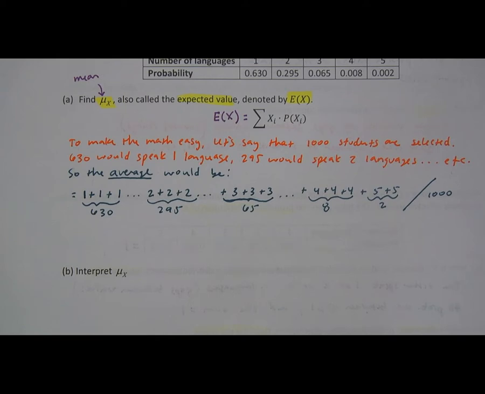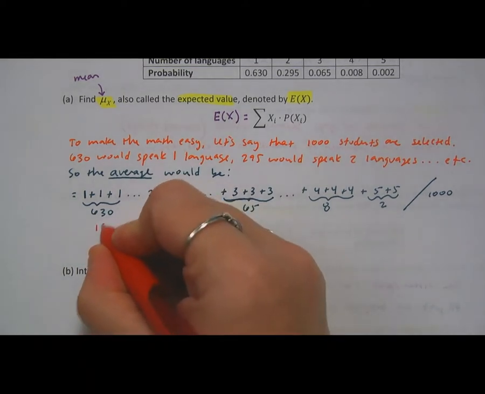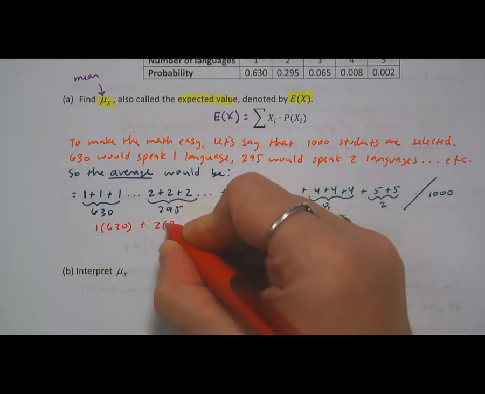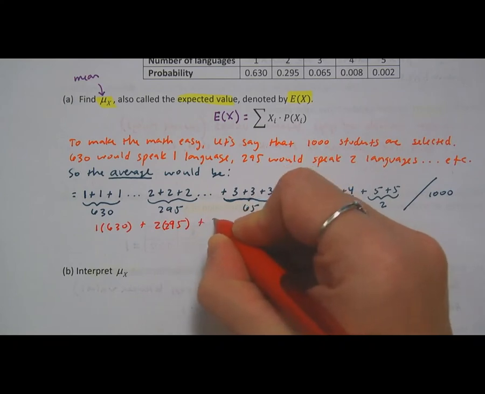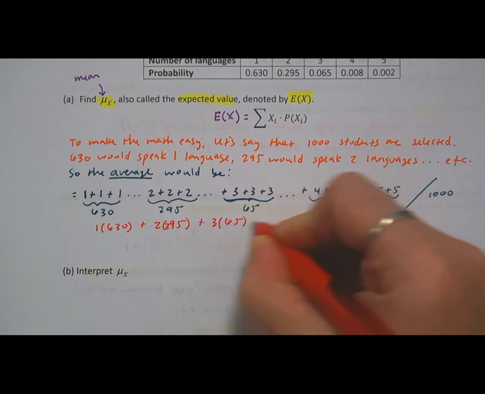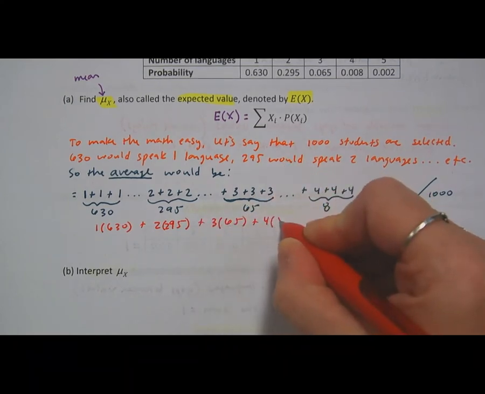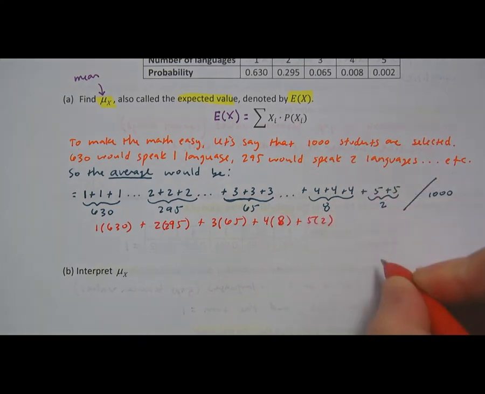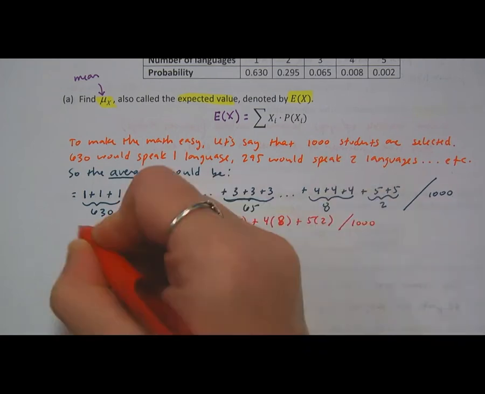Here's another way to write that. 1 times 630 plus 2 times 295 plus 3 times 65 plus 4 times 8 plus 5 times 2, all divided by 1,000.